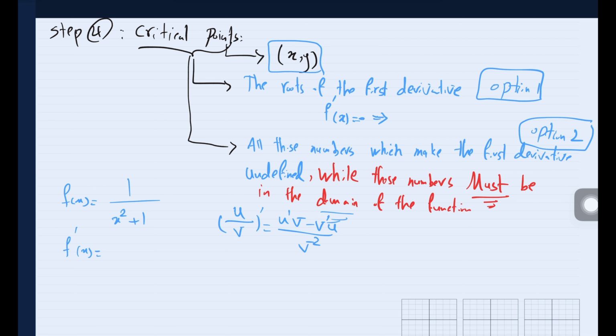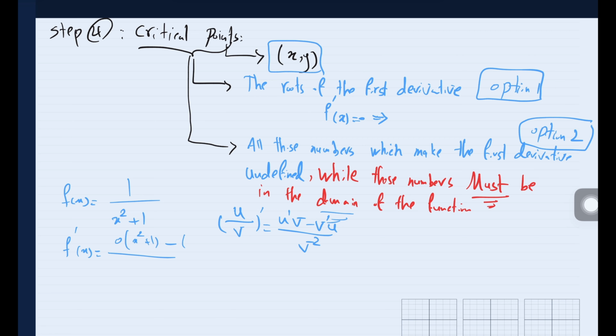It means the derivative of the numerator multiplied by the denominator itself, minus the derivative of the denominator multiplied by the numerator itself, divided by the denominator squared. In this case, the derivative of the numerator is 0 because it's a constant, multiplied by x squared plus 1, which is the denominator itself, minus the derivative of the denominator, which is 2x, multiplied by the numerator itself, divided by x squared plus 1 squared.